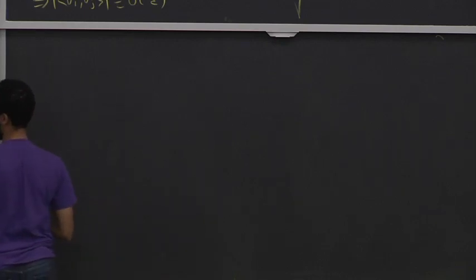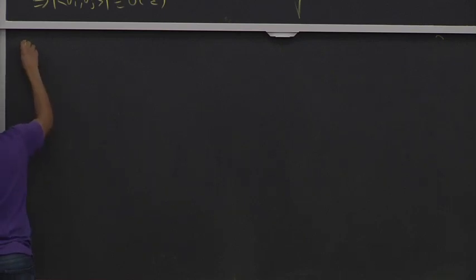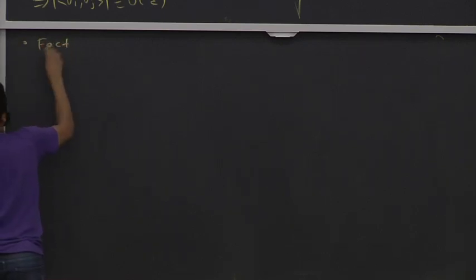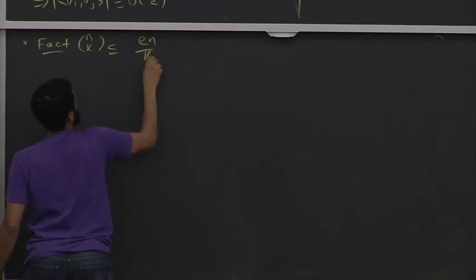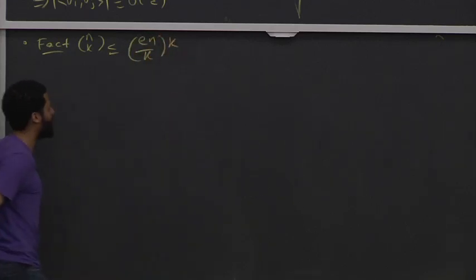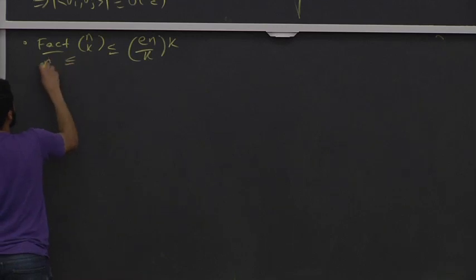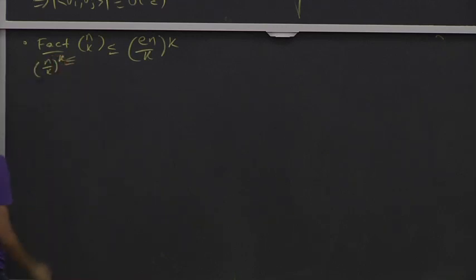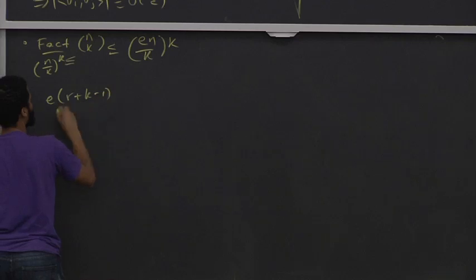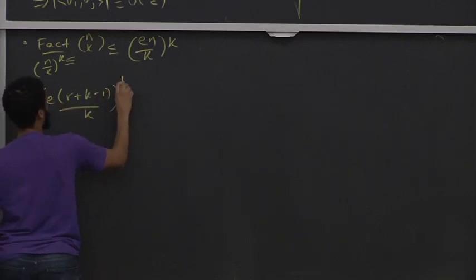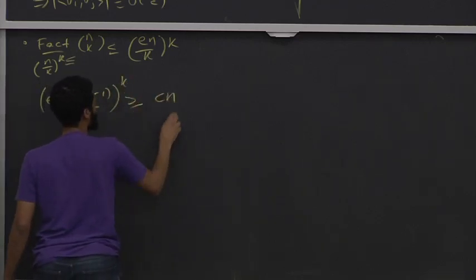So now you just say, well, a fact is you always have that n choose k is at most en over k to the k. This is just a useful estimate to keep in mind, and it's always at least n over k to the k. So we're going to use the upper bound. So what we have is that e times r plus k minus 1 over k to the k is at least some constant times n.